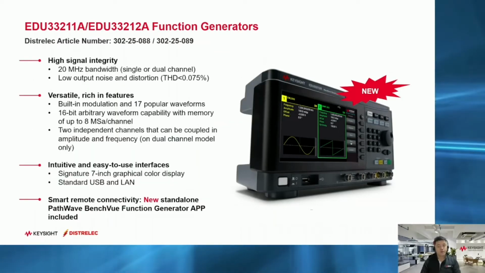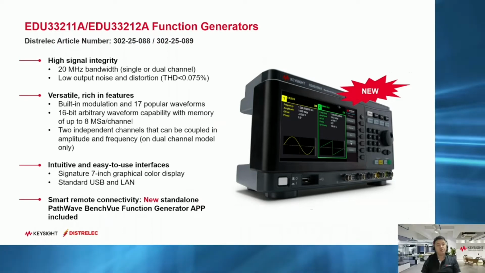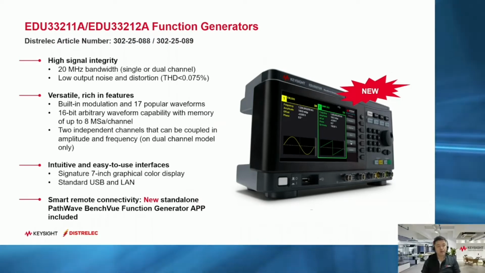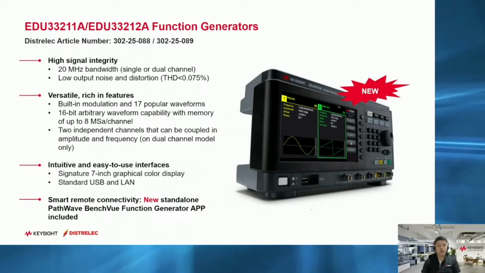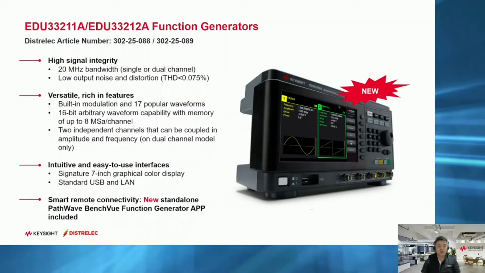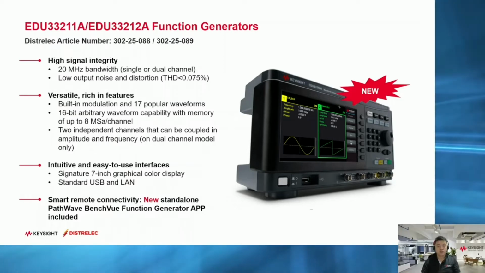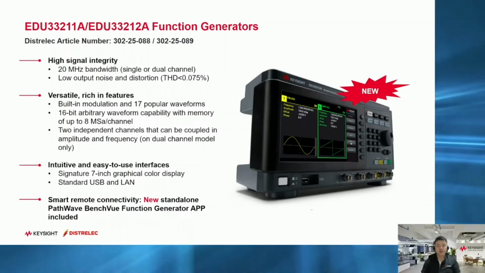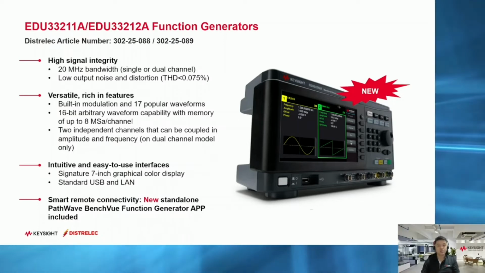The second product I'm going to introduce is the EDU33211A or EDU33212A function generators. The difference is the single or dual channels. With the new EDU33211A and 212A function generators, you can generate accurate waveforms with low output noise and distortion up to 20 MHz.